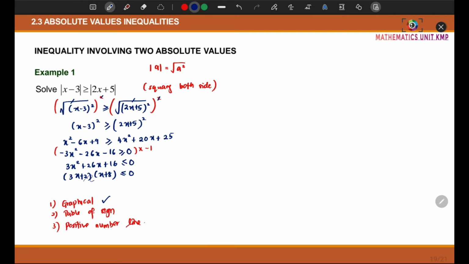So from here we factorize the quadratic. We have the roots x equals negative 2 over 3 and x equals negative 8. You just need to use the graph, the smile shape, with negative 8 and negative 2 over 3. Look at the inequality sign.